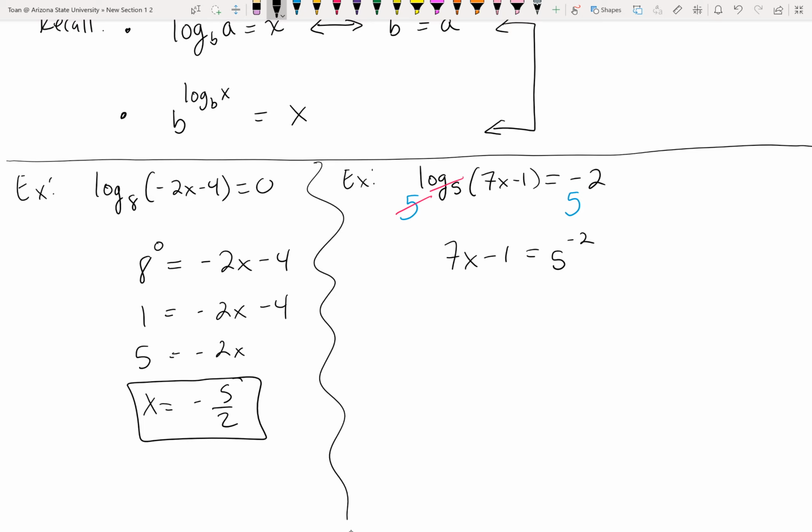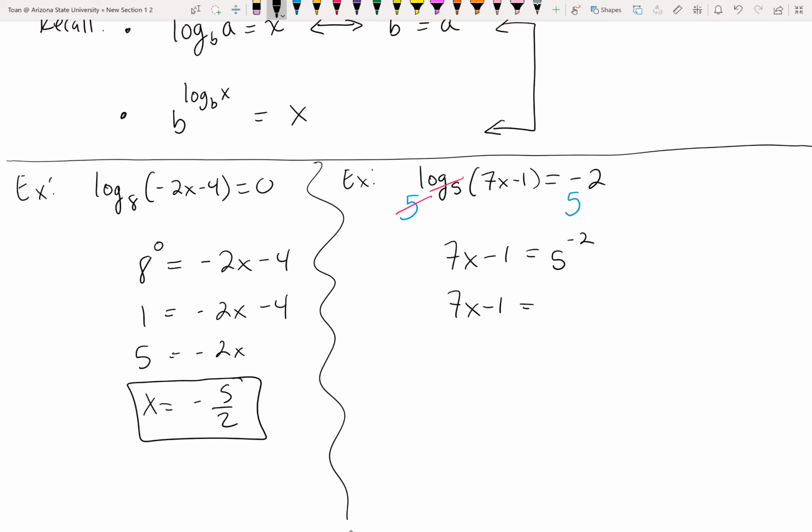It is 100% the same result as if you converted it into exponential form, but it's technically using a different concept. However you want to convince yourself, you want to get rid of the log by converting it into exponential form. And then you just solve it like normal.